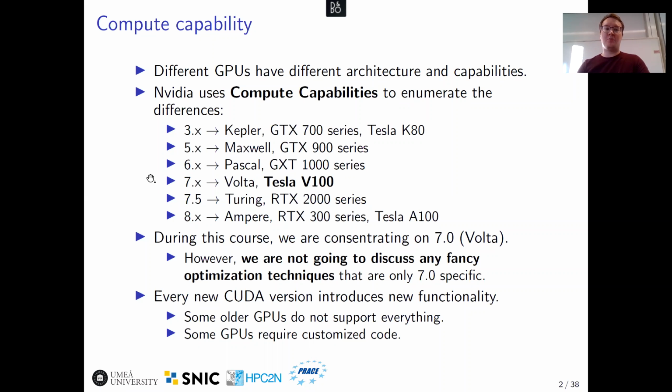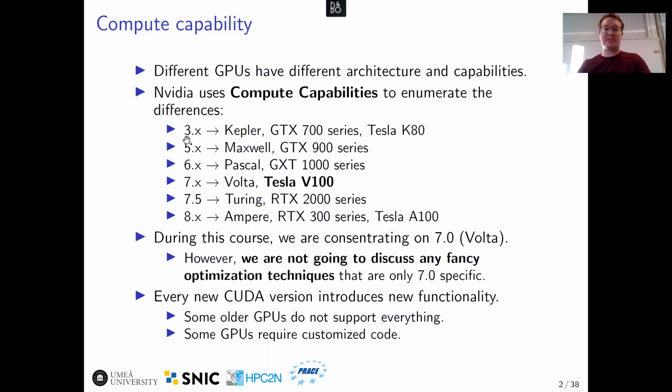And the number is made of two parts. There is the major part that usually refers to the architecture itself, and then the minor part that tells you, if it's the same architecture, it could be a different kind of chip, and it could still be slightly different. There could still be a difference between GPUs that are on the face of it based on the same architecture.